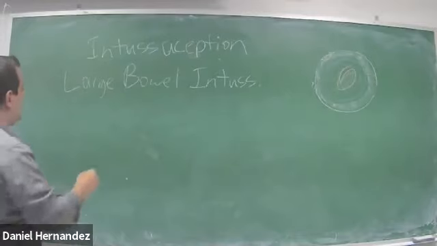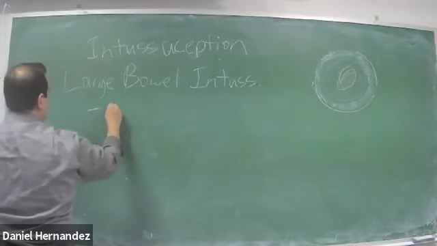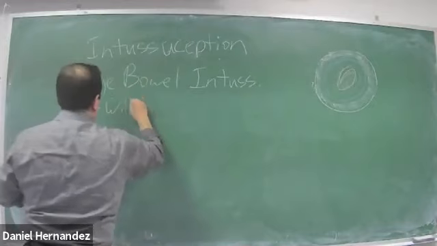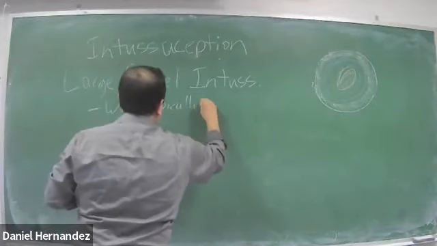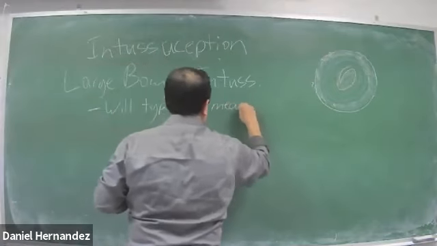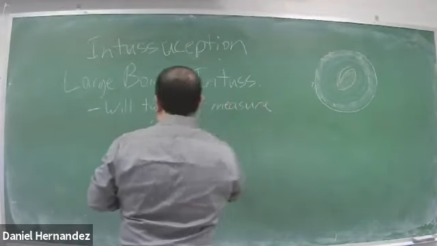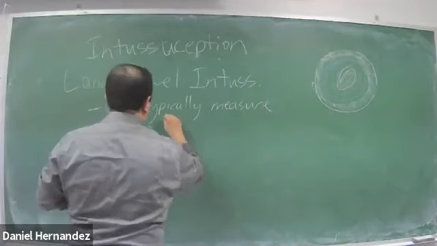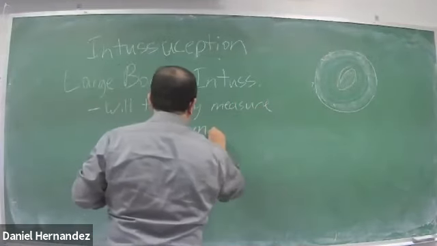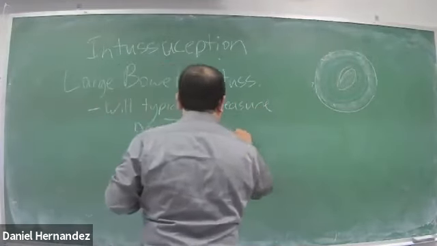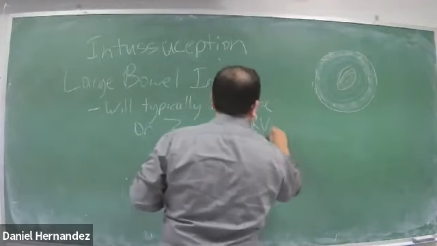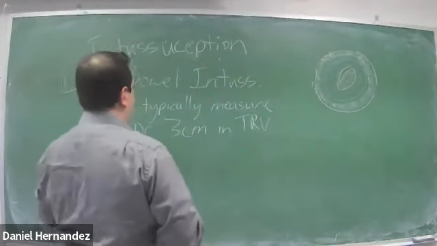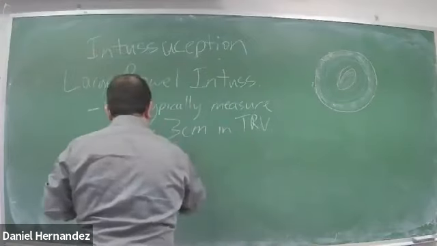Large bowel intussusceptions will typically measure over 3 centimeters in transverse diameter.